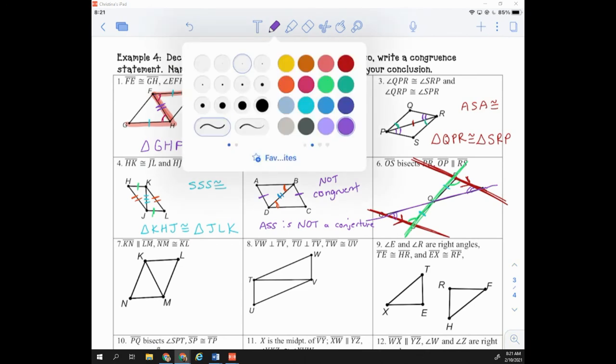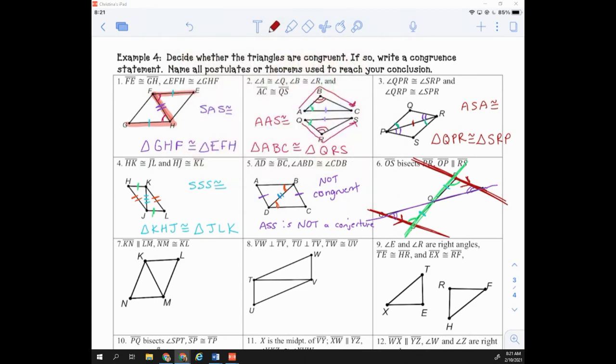And let's not forget, vertical angles are always congruent to one another. So we know that all of our angles are congruent, which angles alone are not enough to prove that triangles are congruent.